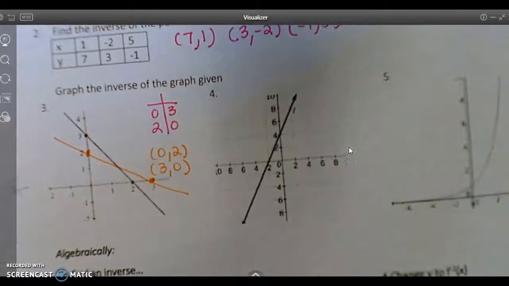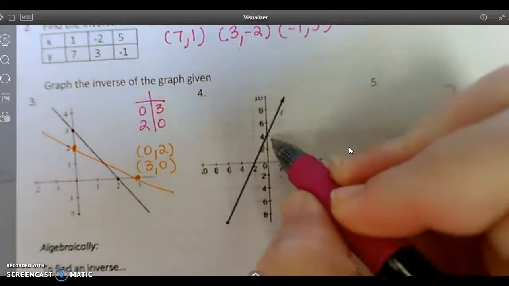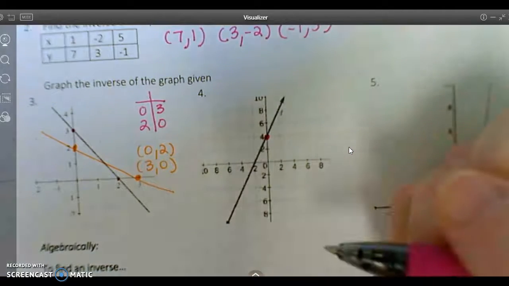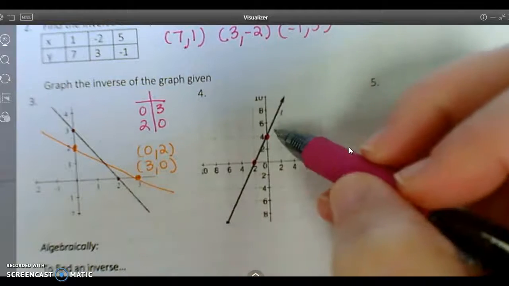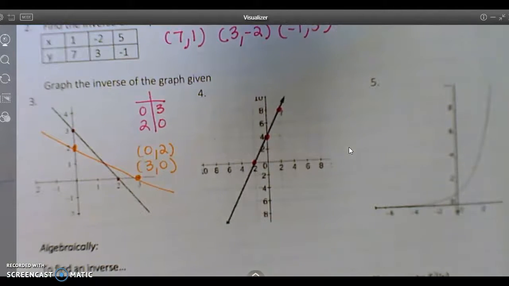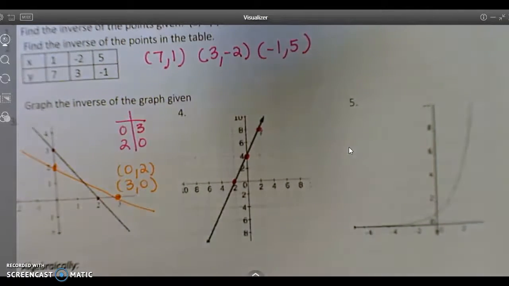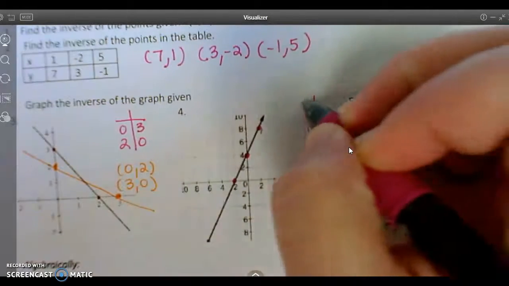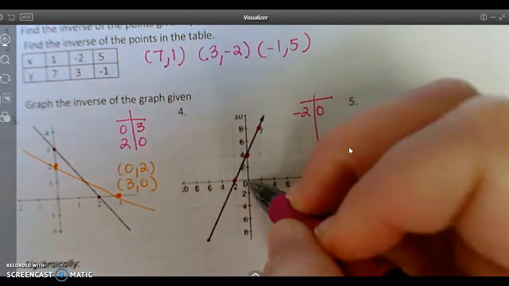So number 4. They don't have any points drawn for me, but I'm going to go ahead and pick some. So maybe that point right there would work. That point right there would work. I'm just looking for points that go through the grid there. So I'm going to use those 3 that I just highlighted. Alright, that looks like we have a point here of -2, 0.